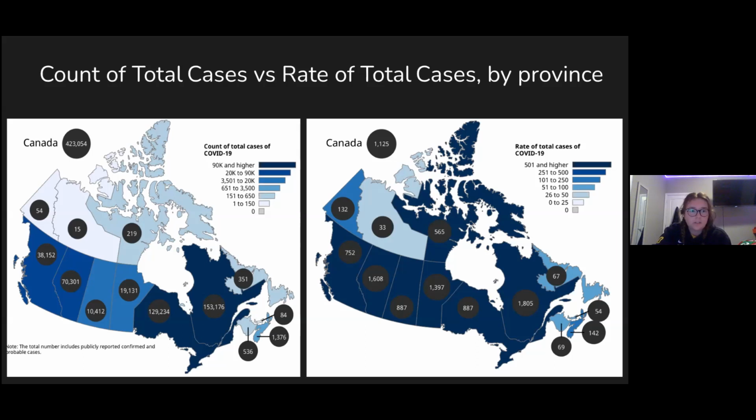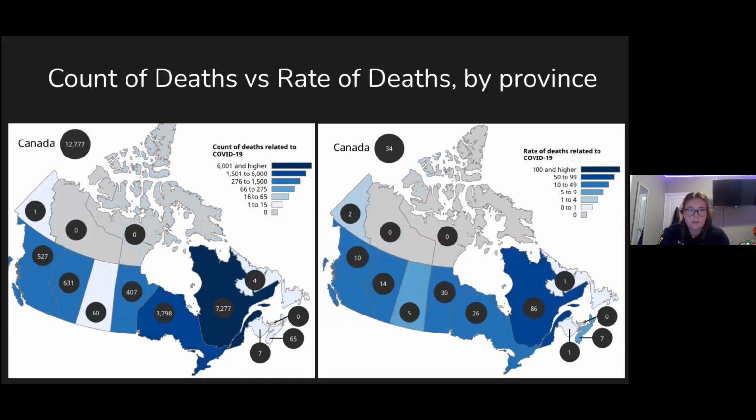So for example, take a look at Nunavut. It's in the top right. They are in light blue in total cases, but since they have such a small population, they're in dark blue for rate. It's important to note that. And next slide, please. And this is the same, but just for deaths.